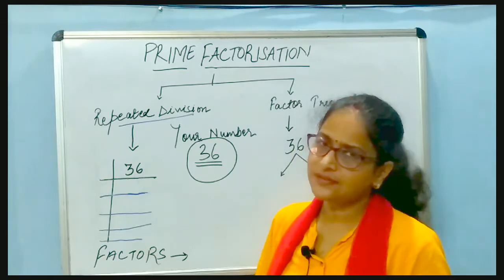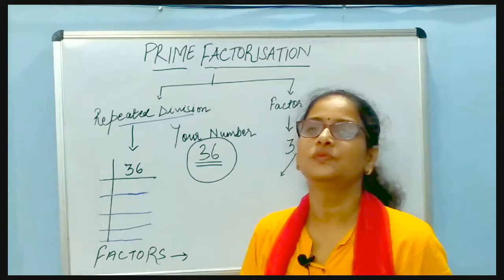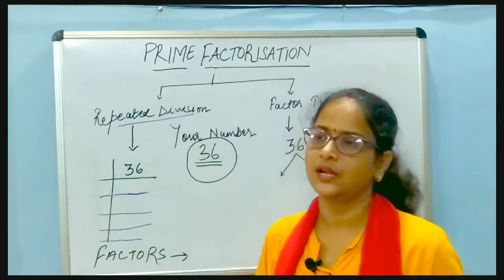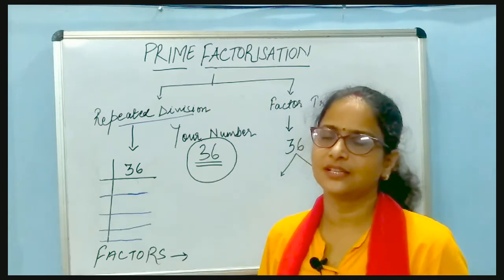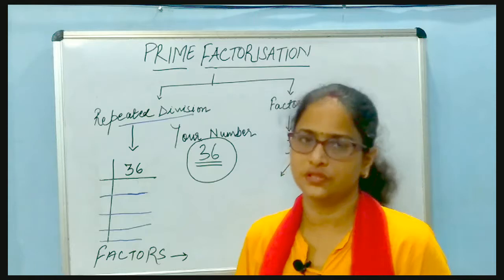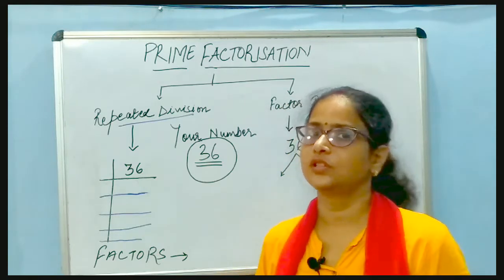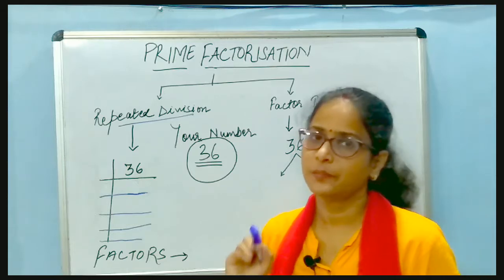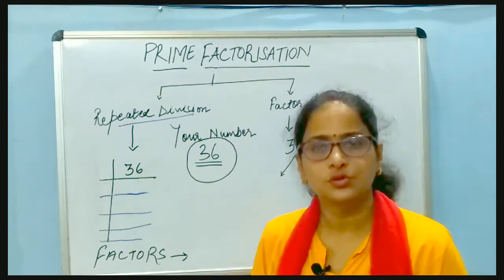Once you get 1, you need not divide further. In other words, if you have got 1 at the end, the number is not further divisible. Another thing, you should always start from the smallest prime number, and we know the smallest prime number is 2.